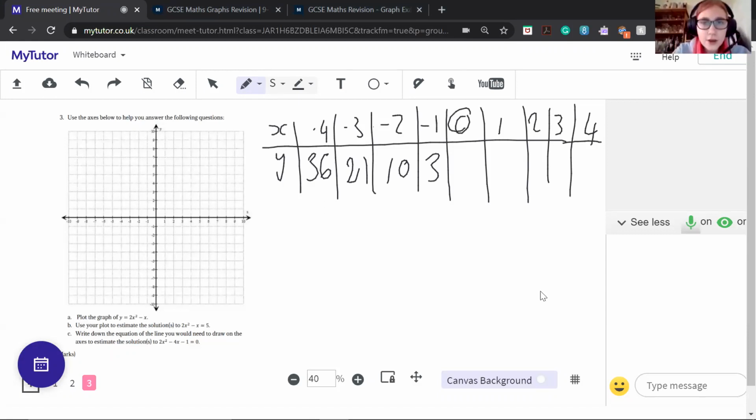When x is 0, we have 0 squared, which is 0, times 2 is still 0, minus 0, still 0. 1 squared is 1, times 2 is 2, minus 1 is 1. 2 squared is 4, times 2 is 8, minus 2 is 6. 3 squared is 9, times 2 is 18, minus 3 is 15. And again, these go above, so we won't be able to plot that. Brilliant, so people are getting those in there, which is fantastic.